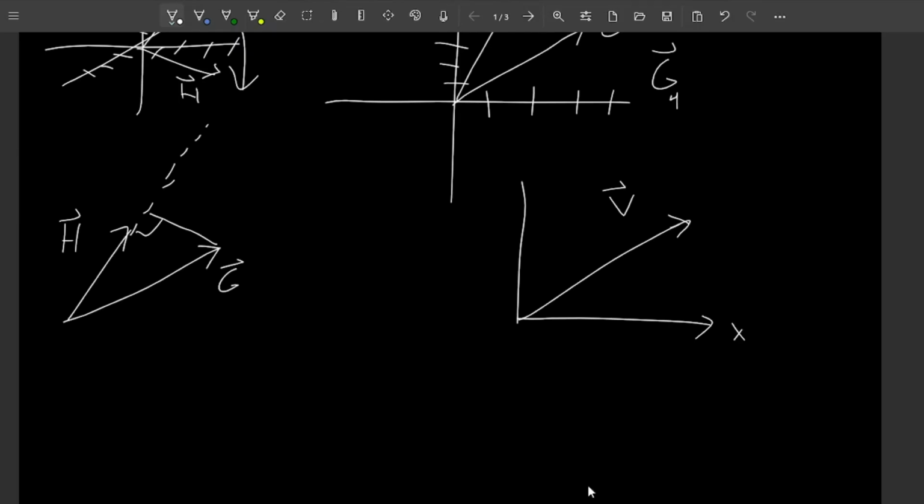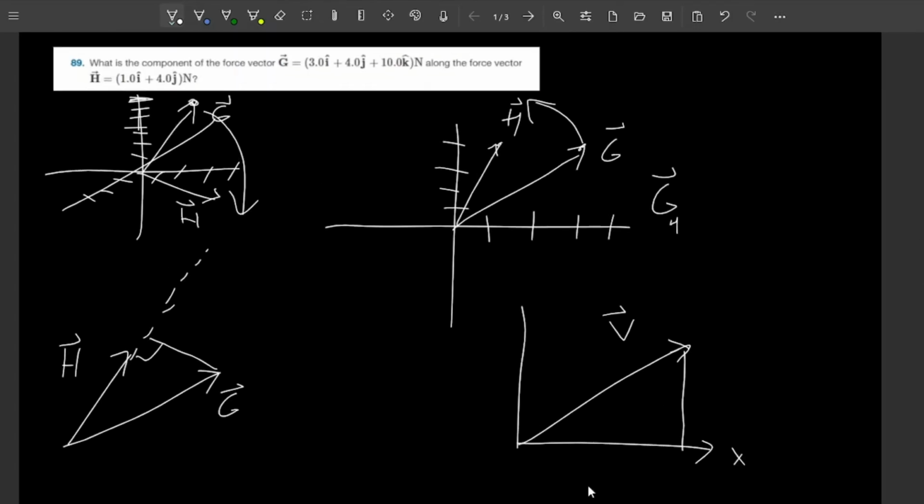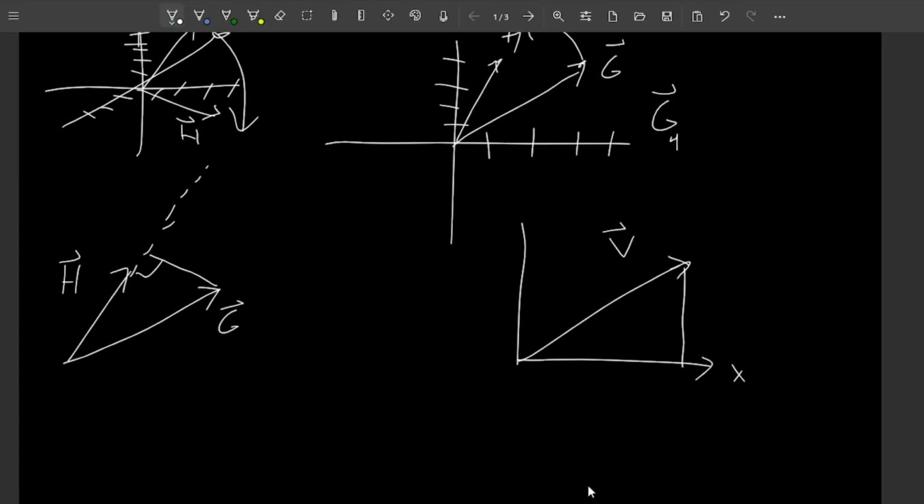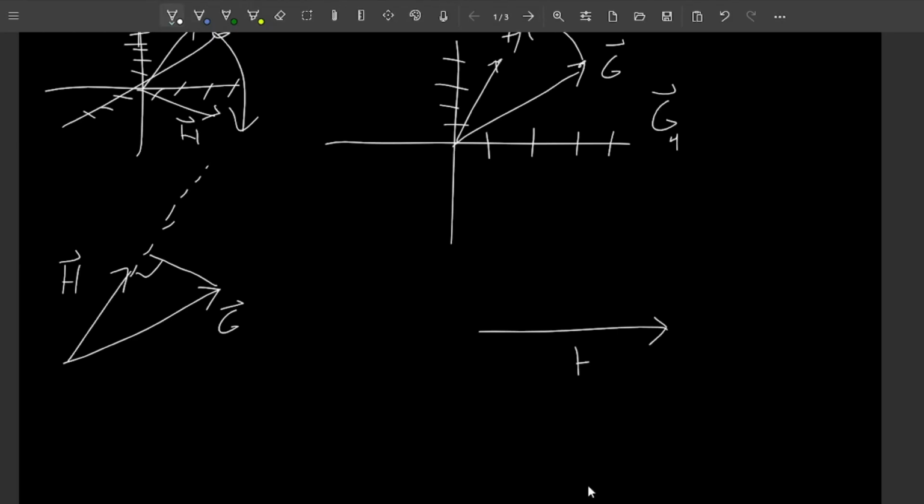If we wanted to find the component along the x-axis, we would just make a 90-degree angle, correct? Because this would be the component along x, and this would be the component along y. So we are essentially doing the same thing, right? If we wanted, we can even rotate our drawing here.